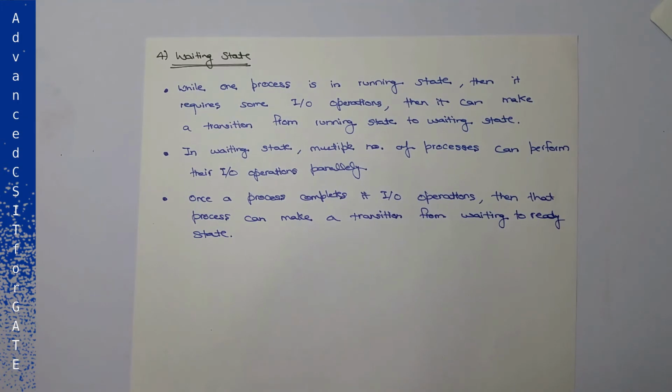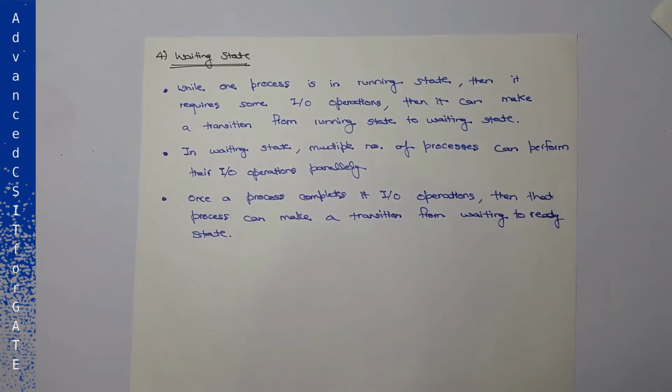Now the process simply won't go from waiting state to running state. It will first have to go to ready state and then wait for its turn to go to running state, as some other process would be running at that time.